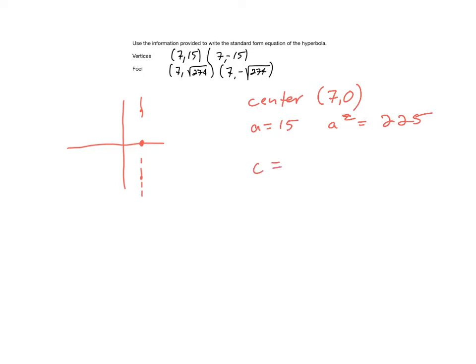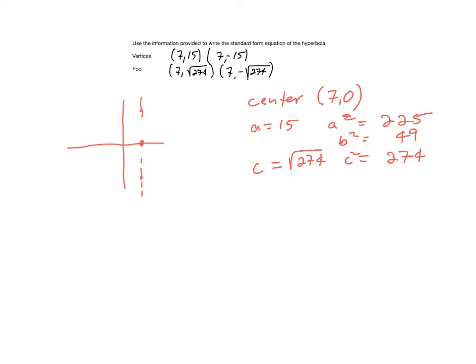C is the distance from the center to the focus, so that distance is the square root of 274, which means c squared is 274. And c squared is a squared plus b squared, so 225 plus something equals 274. So 225 plus 49 equals 274, and we have enough information to get the equation of our hyperbola.